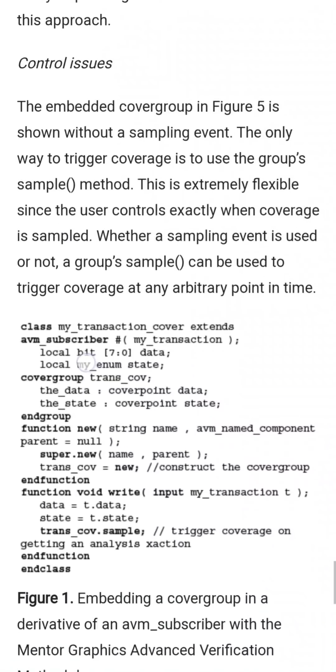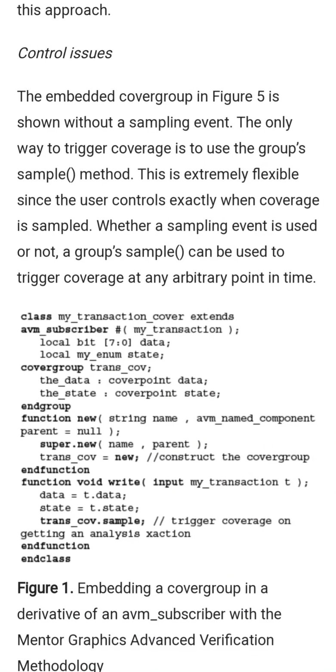Control issues. The embedded cover group in Figure 5 is shown without a sampling event. The only way to trigger coverage is to use the group's sample method. This is extremely flexible since the user controls exactly when coverage is sampled.